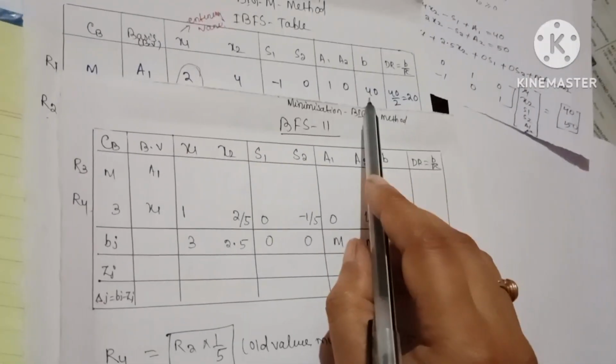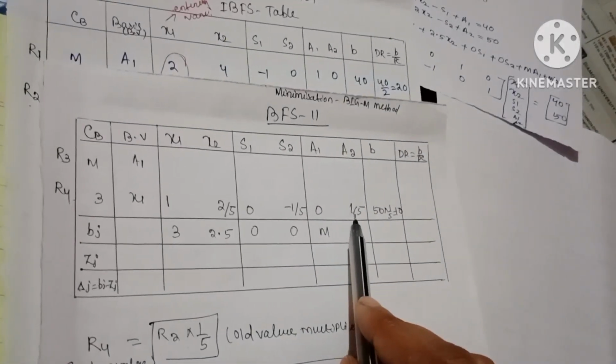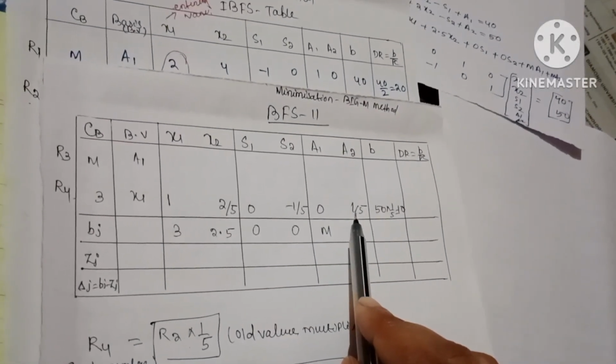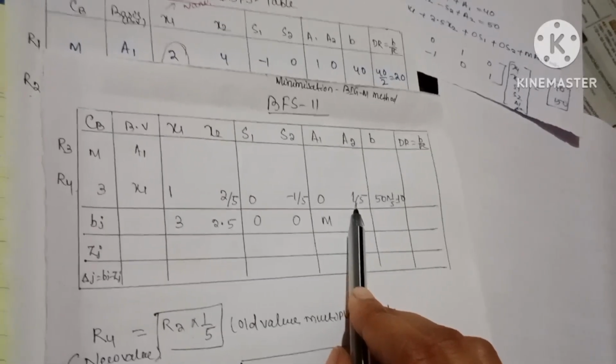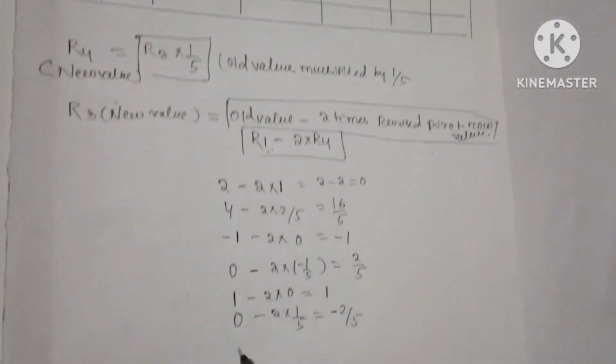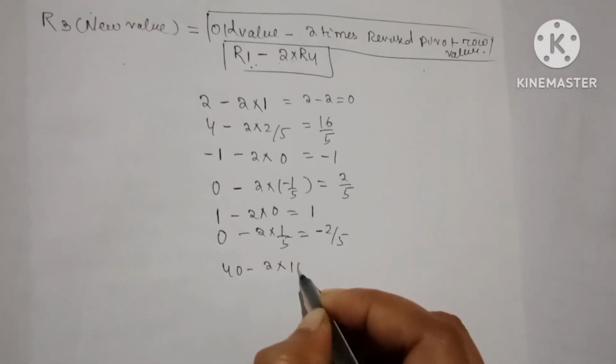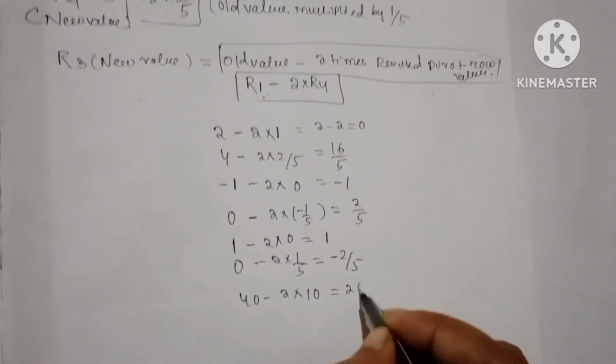Then the next one is 40. 40 minus 2 into 10, so this equals 20.